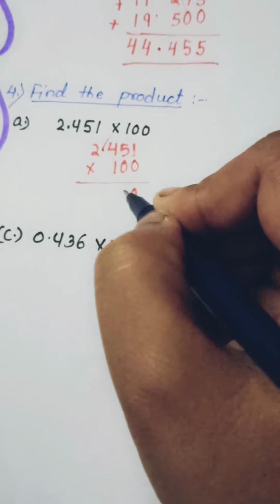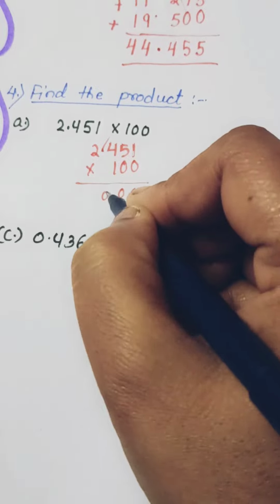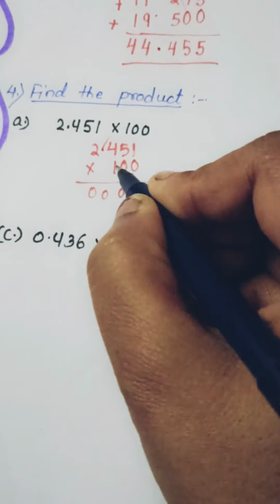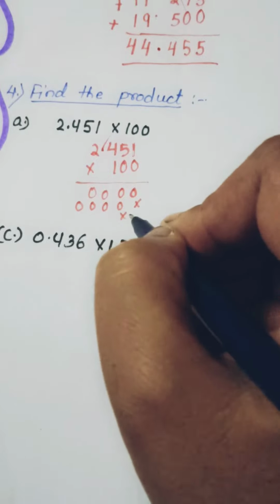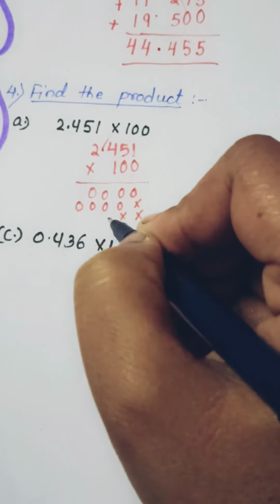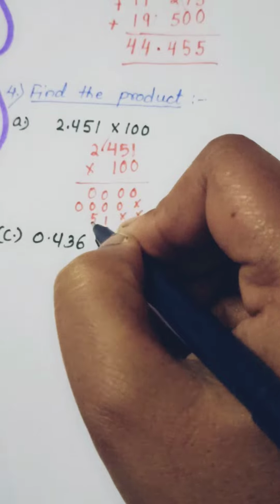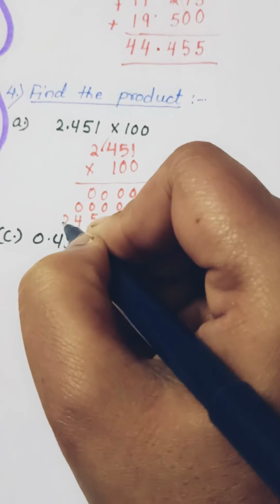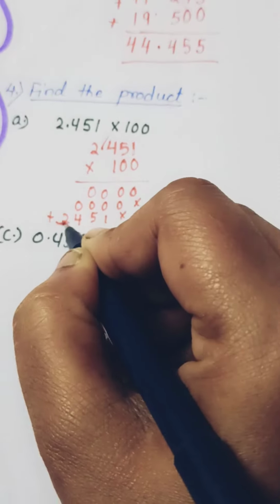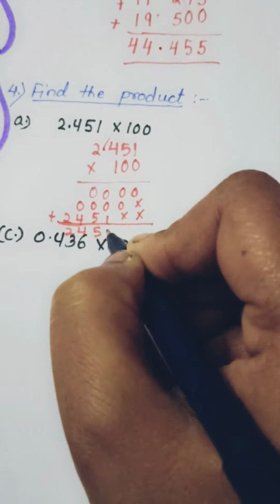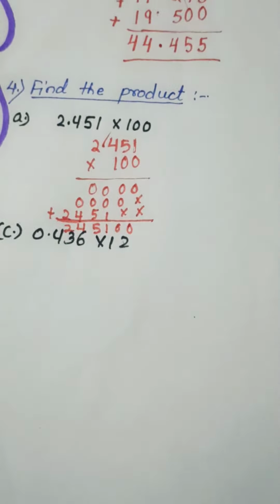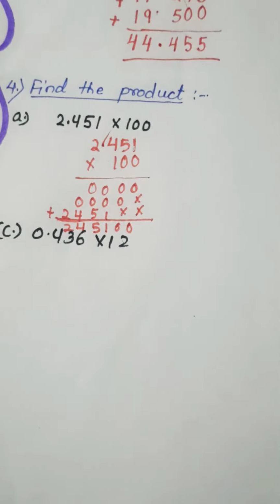1 0 are 0, 5 0 are 0, 0 0, again 0 0 0 0. Now 1 ones are 1, then 5, then 4, then 2, and our last step is to just add it, so it will become 2 4 5 1 0. Okay, now this is not our answer.